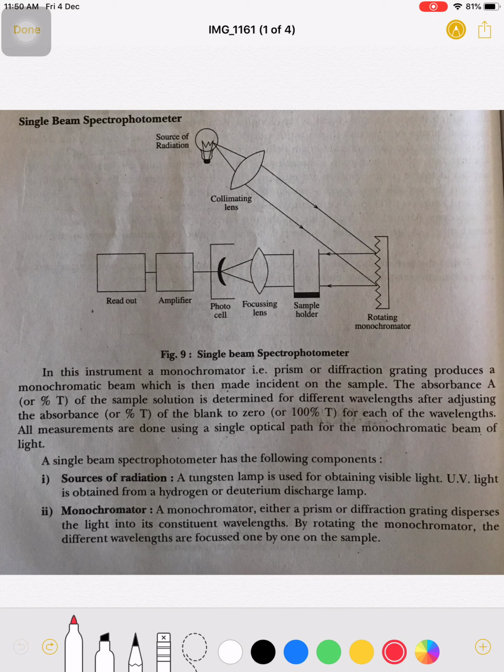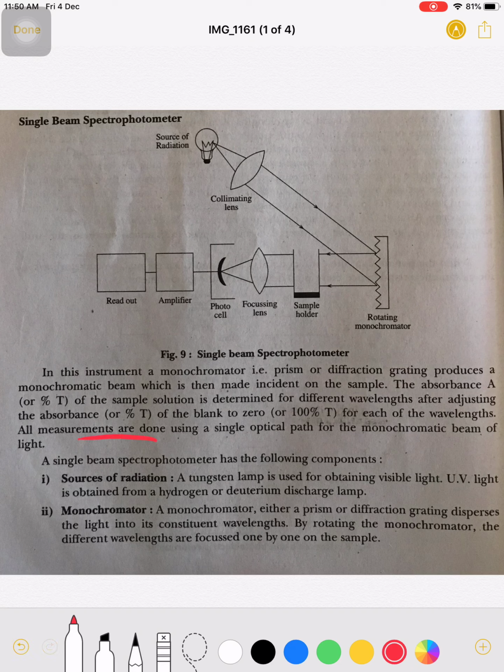Suppose if we are using visible radiation at 400 nanometer, we calculate the absorbance for the sample. At 500 nanometer, we again calculate the absorbance for the same sample in the same cuvette.